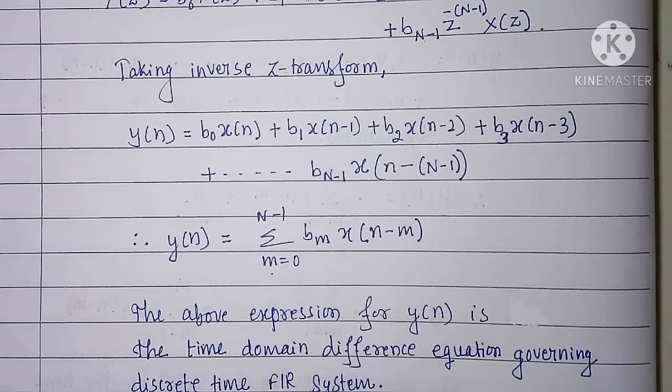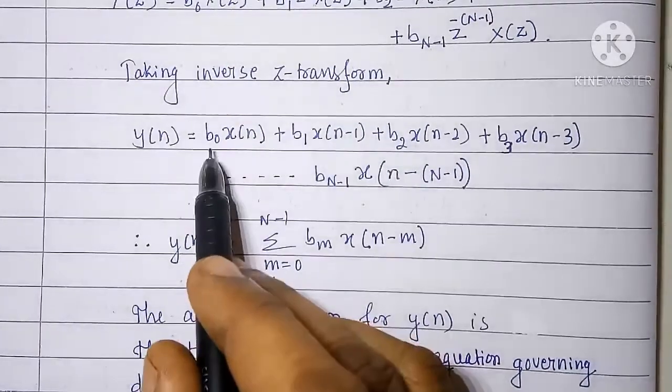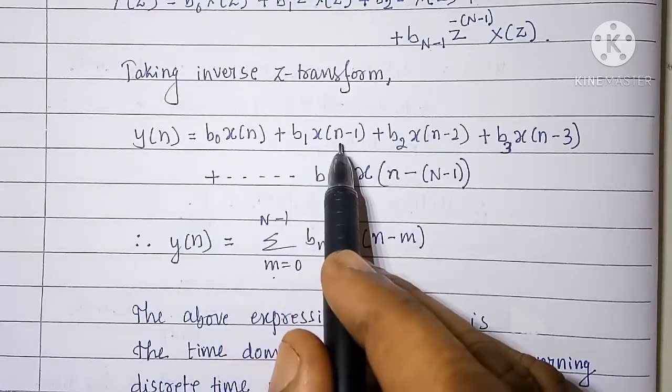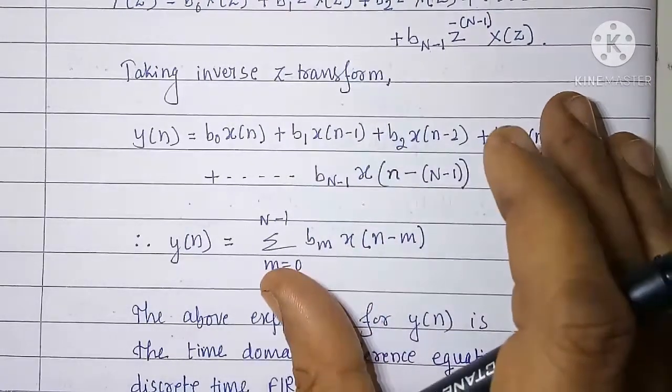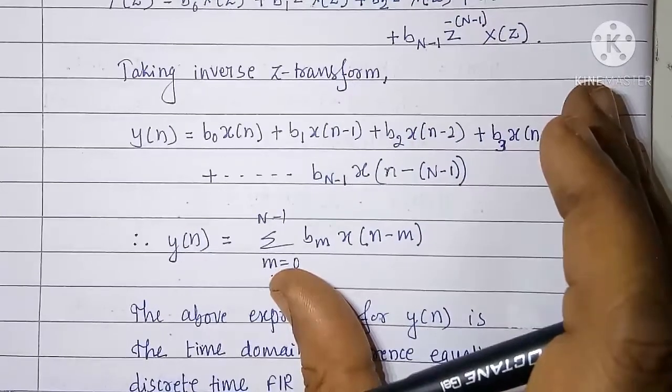For realization of this FIR and IIR system by means of H of z or y of n, we make use of various mathematical operations like multiplication, addition, delay, and for all these operations different shaped blocks are used.